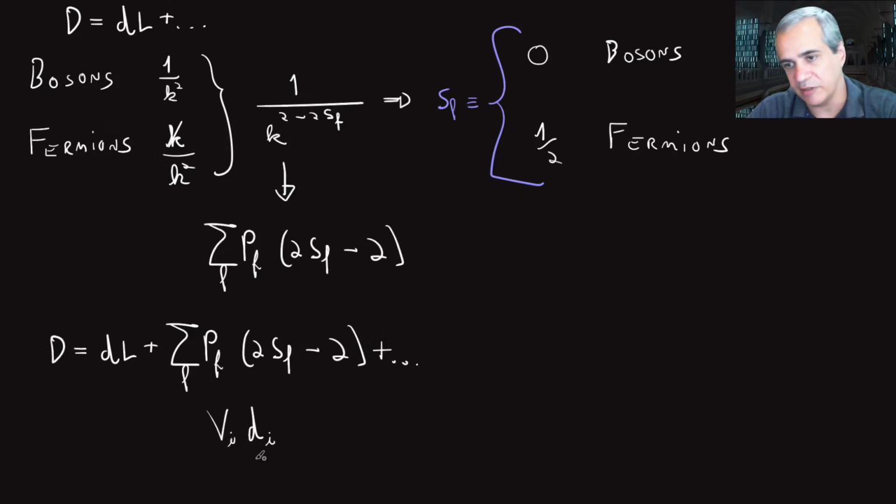If I have 3 vertices and each of them involves 3 derivatives, I'll have a total of 9 powers of momentum coming from that. And of course, then I have to sum over all the interactions in my theory, right? For each of them, I see how many vertices appear in that particular diagram and multiply by the number of derivatives. So this is the contribution from propagators.